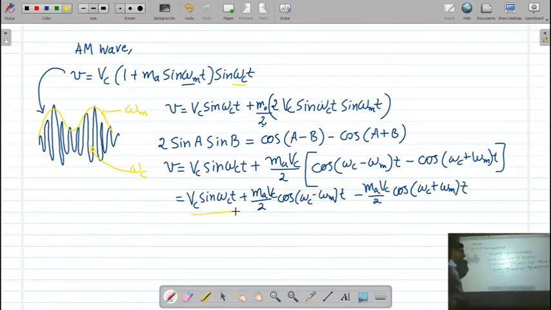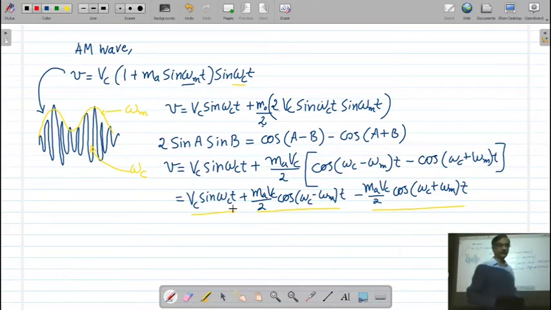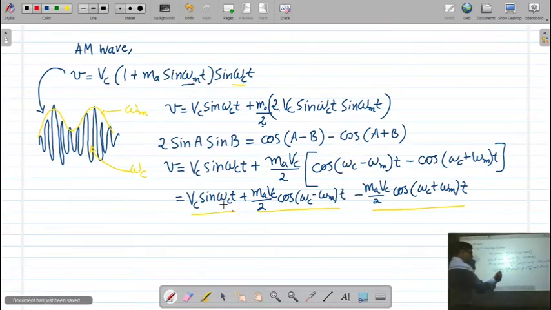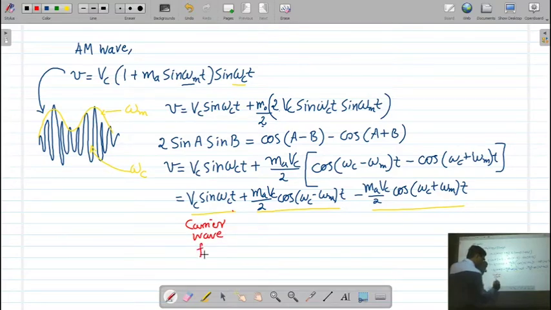The first term is Vc sine omega ct, the second term is cos omega c minus omega m, and the third term is cos omega c plus omega m. The first term, Vc sine omega ct, simply represents your original carrier wave, because the frequency is omega c. The frequency is fc and the amplitude of this carrier wave is Vc.